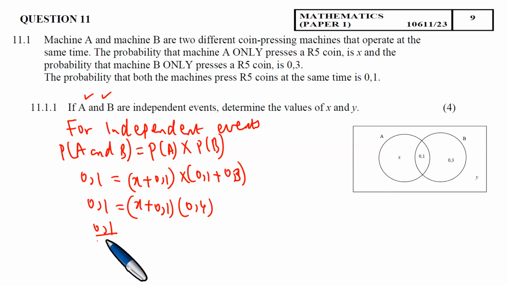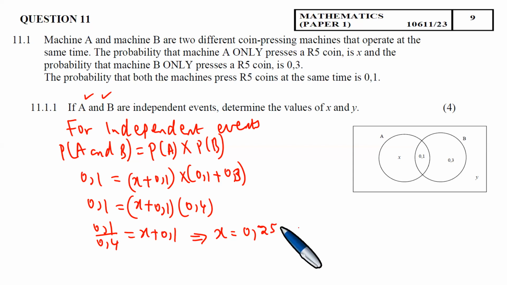So 0.1 divided by 0.4 is x plus 0.1. If you divide these two, it is 0.25. So this is 0.25 minus 0.1, which means x is 0.15.